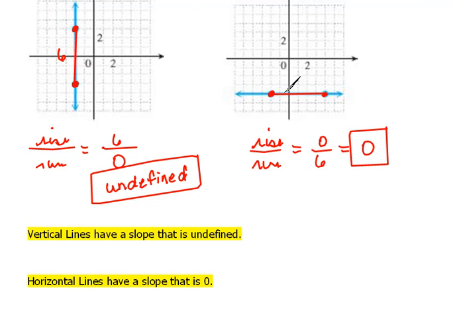So be very careful with these two. You have to know these and you have to understand. And if you're given a slope that says that it's undefined, then that tells you automatically that it must be a vertical line. And if you're told that we have a slope that's 0, then we know automatically it must be a horizontal line, because those are the only ones that do that.